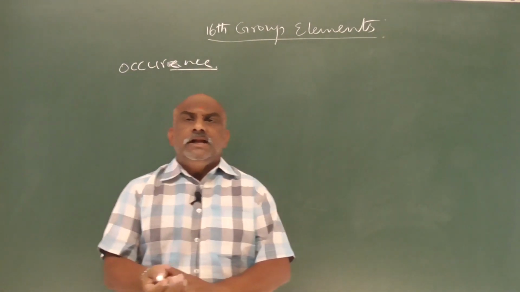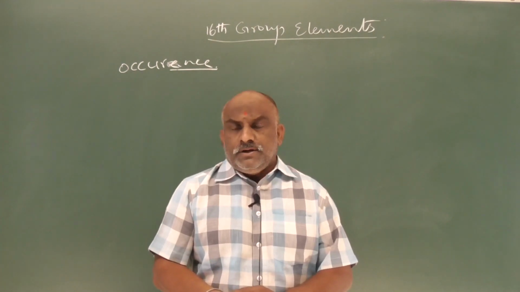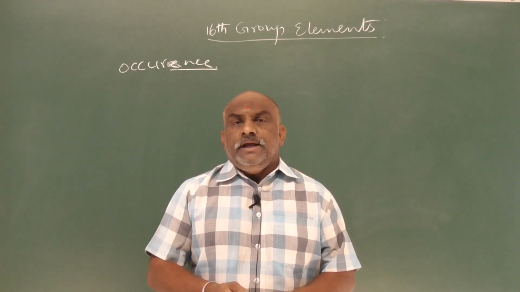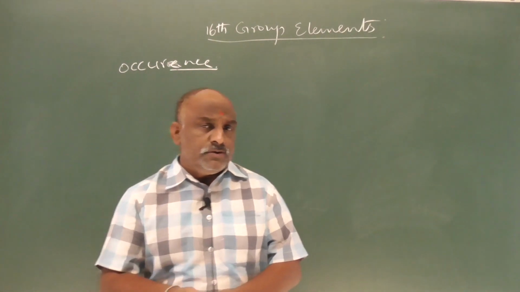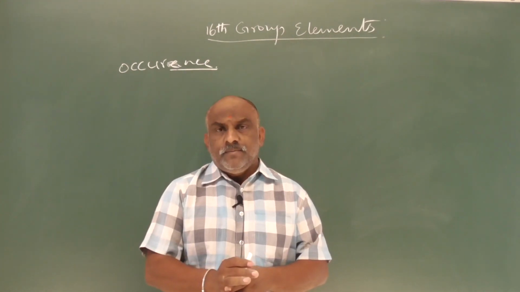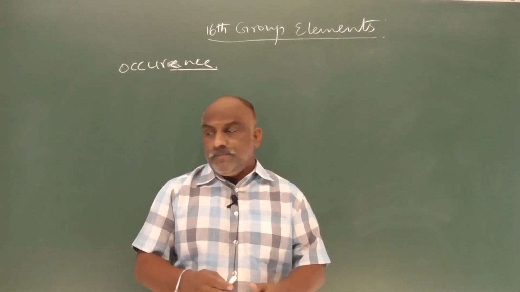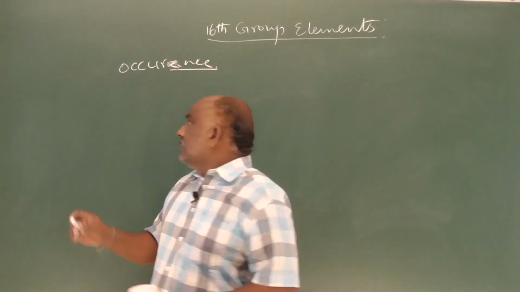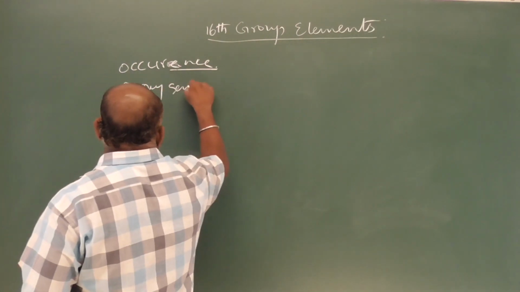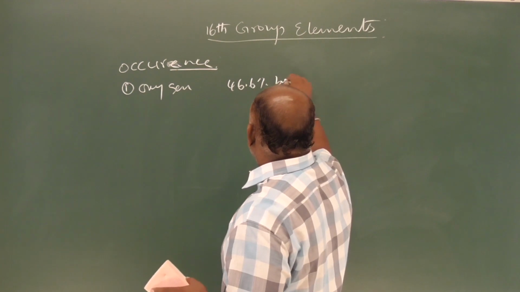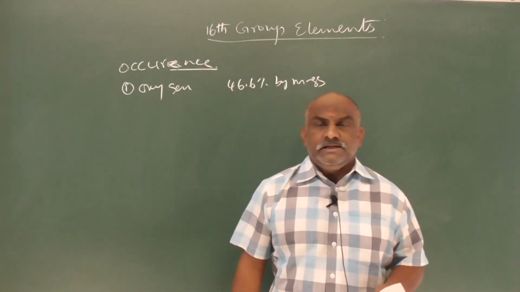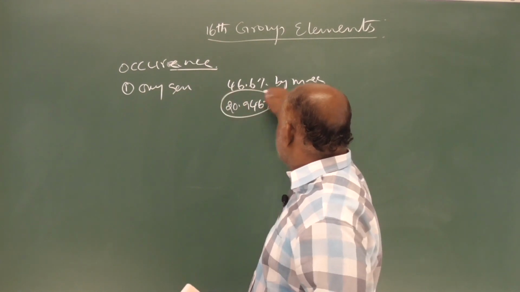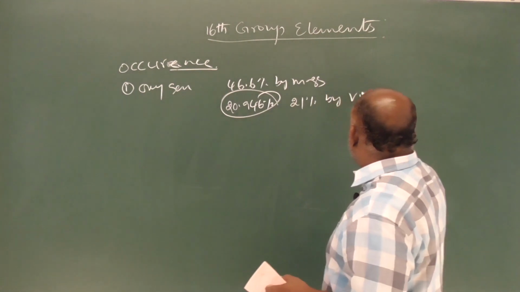So, how are these available? Oxygen in the earth crust is available as 20.946%, which is rounded to 21% by volume.